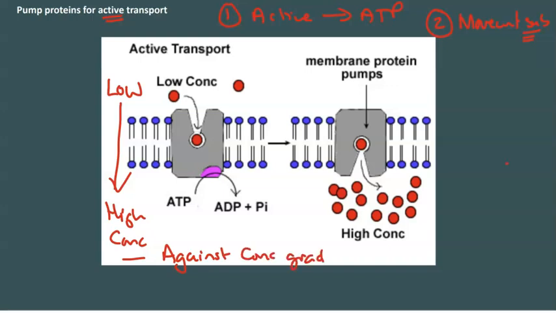Now, this is all correct, that the membrane proteins can receive a molecule at low concentration, and as long as ATP is used to drive these molecules, which are often referred to as pumps, we can move molecules from a low concentration to a high concentration.